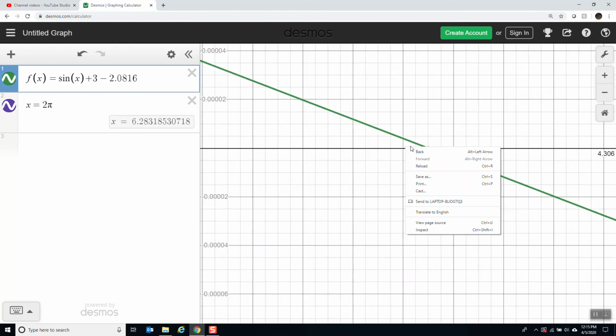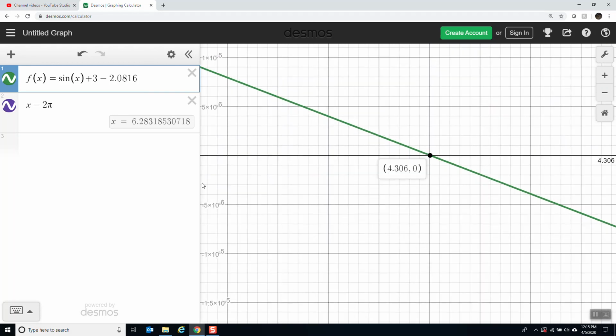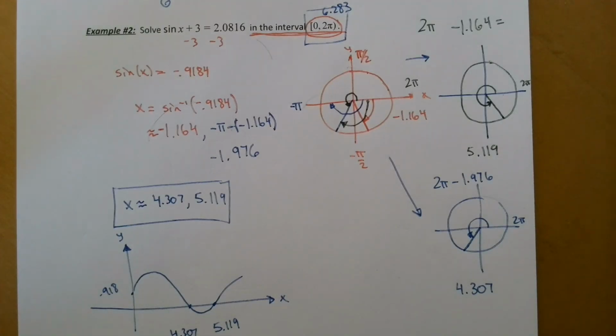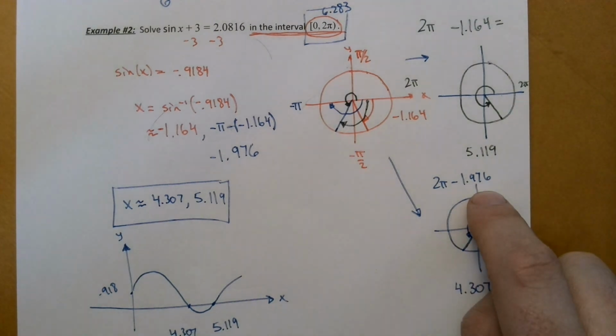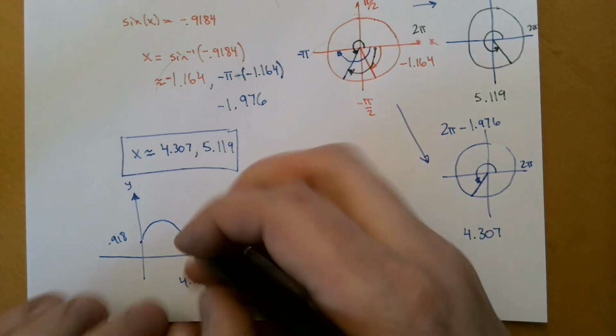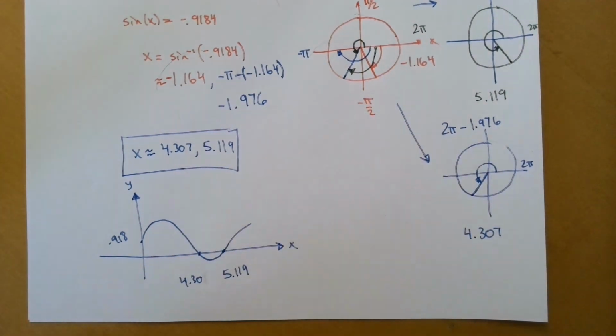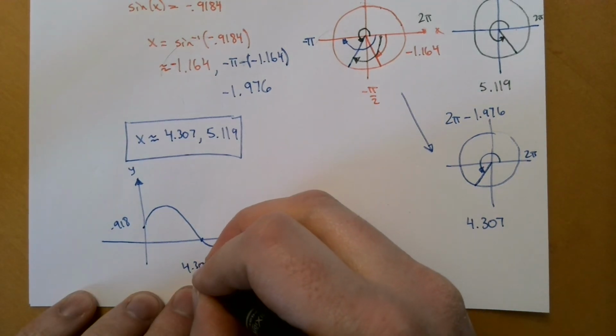When I'm zooming way in, it's not giving me any more decimal places. That's a rounding error for us because we wrote down 4.307. Remember, we rounded this to 1.976, and if we had included more decimals, we would have gotten the same answer here. So maybe I should change this to 4.306. Okay, here's my graphical method and my analytical method.